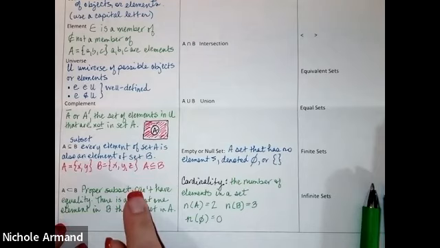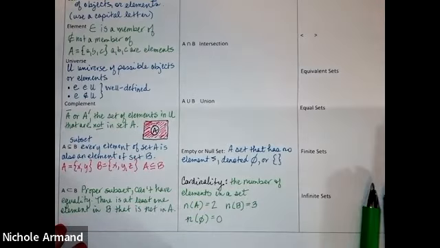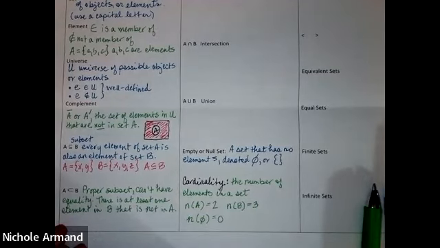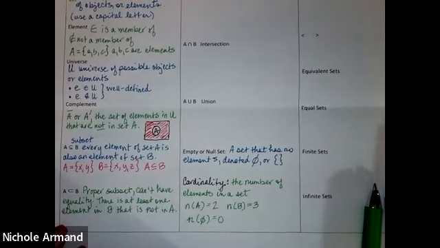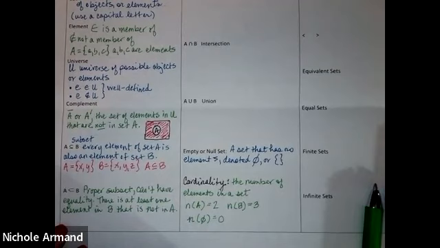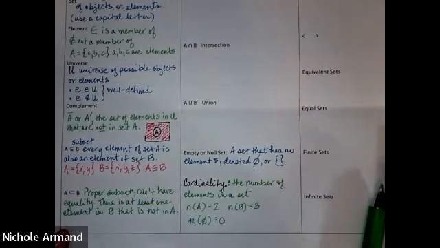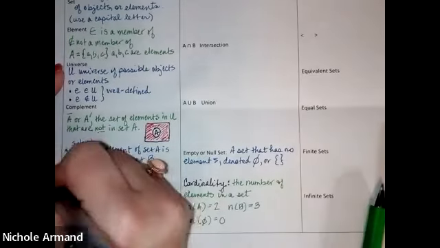So when we're looking at a set, if we know its cardinality, which in this case we do because we can just count, there are 1, 2, 3 elements in set B, then the number of possible subsets is 2 to the n, where n is the cardinality. So let's add that.